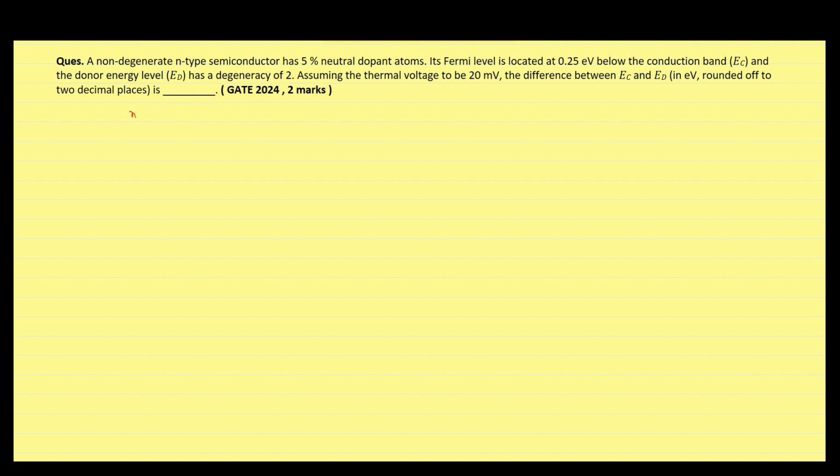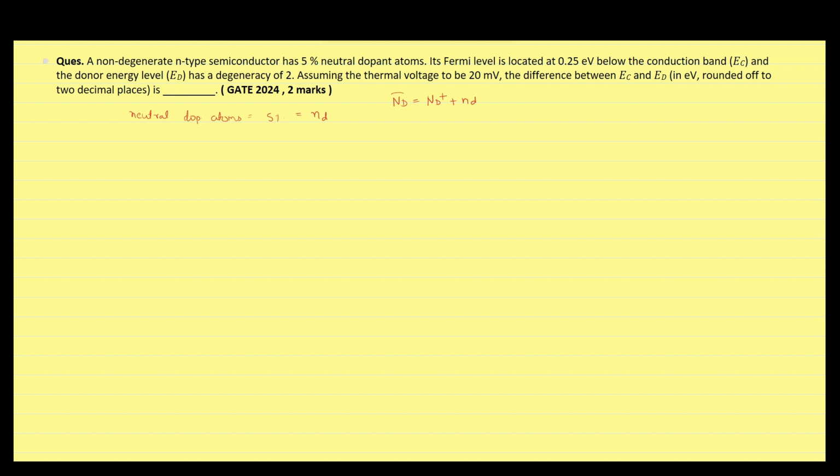Now it is said that neutral dopant atoms is 5%. Neutral means nd. As I just told you, Nd is equal to Nd plus nd.